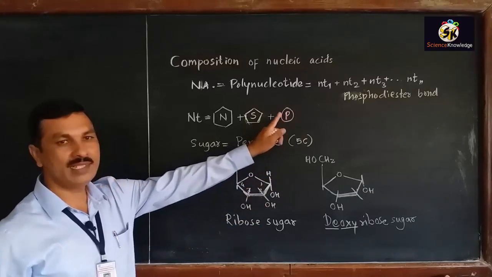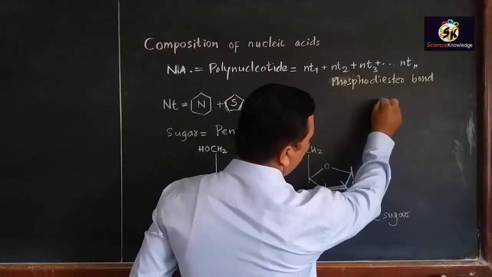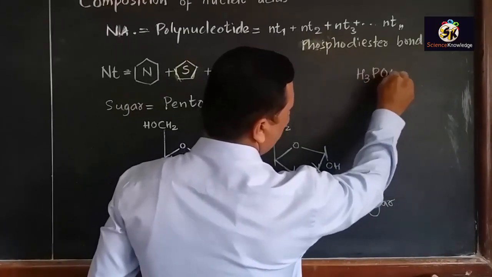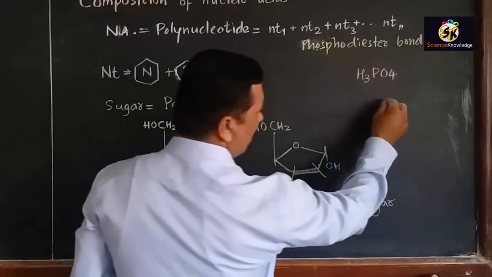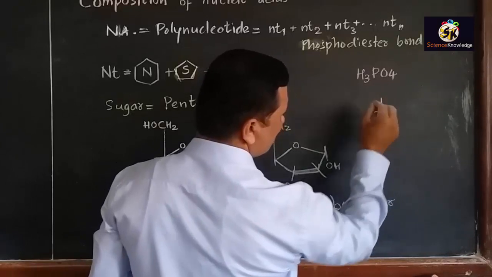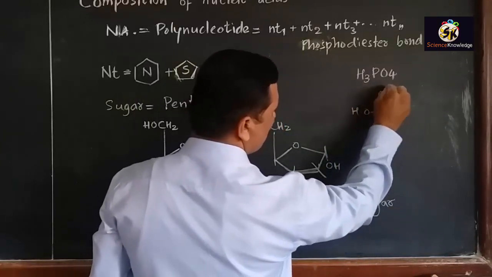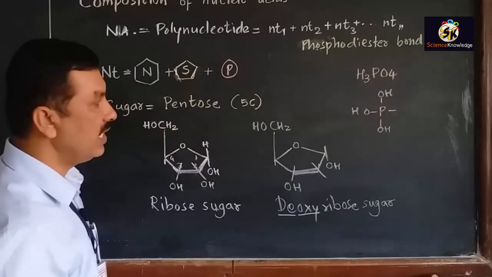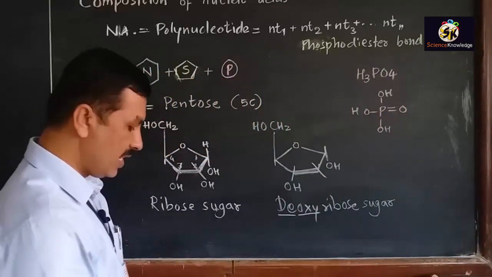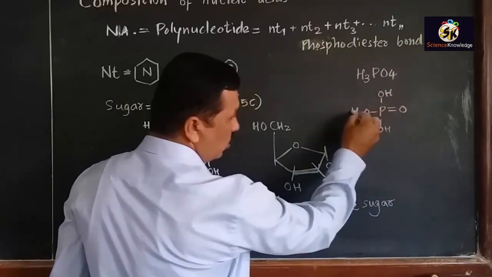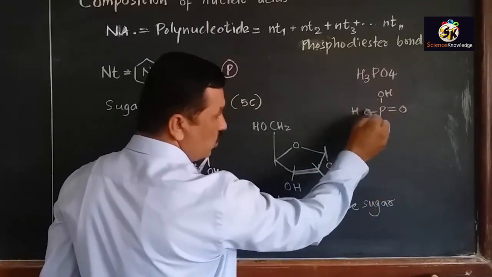Then the final structure is the structure of phosphate. Phosphate is present in the form of H3PO4, and it has P as the central atom linked on 4 sides. On 3 sides there is OH, OH, OH, and one side has a double bond O. So how many hydrogens does it have? 1, 2, 3, H3, P and O, 1, 2, 3 and 4.